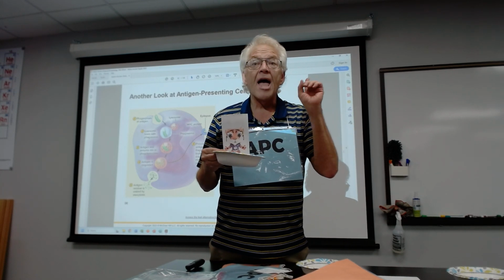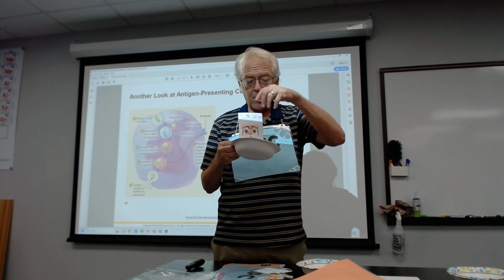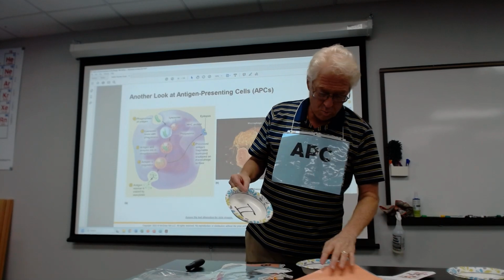A T helper cell. The helper cell says, oh, that's a self-protein. Hey, keep doing your job, APC. Bye. Okay. What if in this basket there's some chicken feathers? That means I just ate a gamecock.